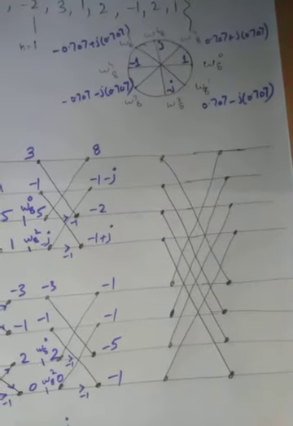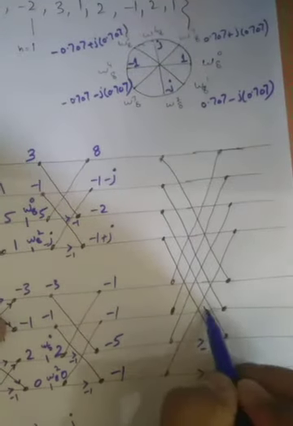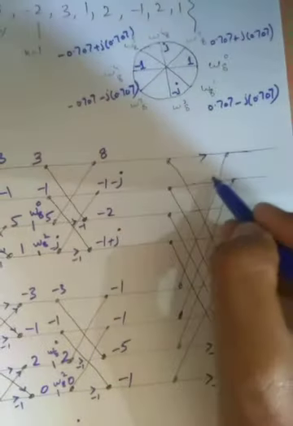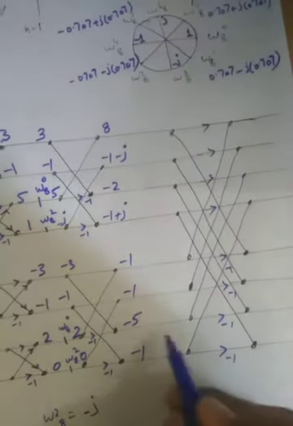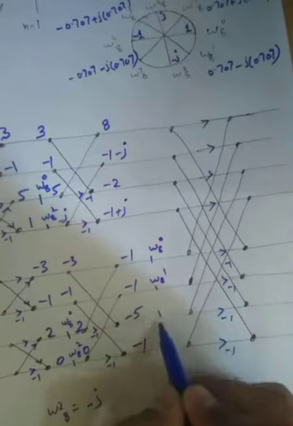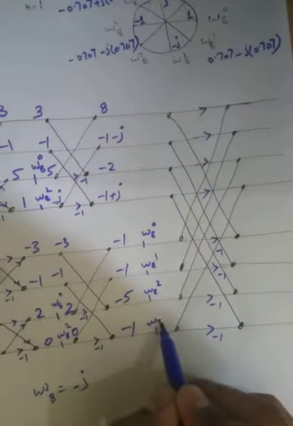So what we'll do here, we have minus 1, minus 1, minus 1 and minus 1. Here we will add up the values. Here we have W8 of 0, W8 of 1, W8 of 2, and then W8 of 3.